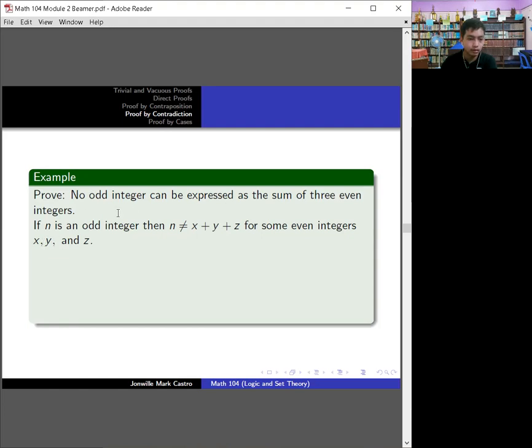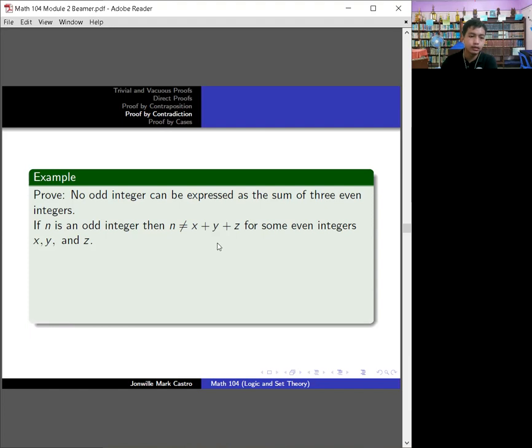So sinasabi nito na yung odd integer, any odd integer, hindi natin siya maisusulat as sum of three even integers. Okay, so ito yung prove natin.